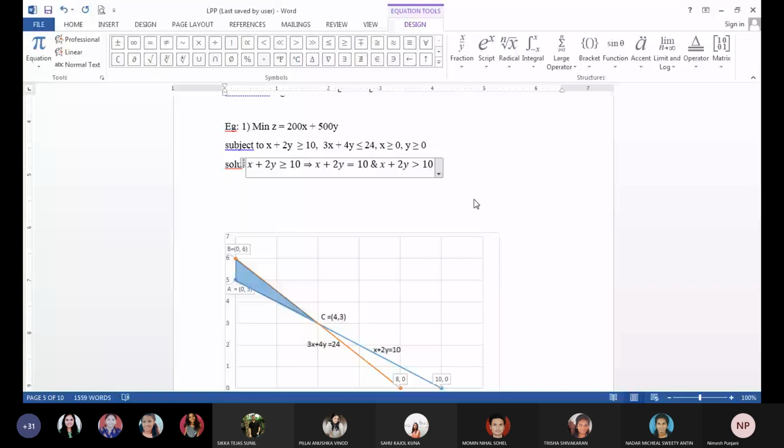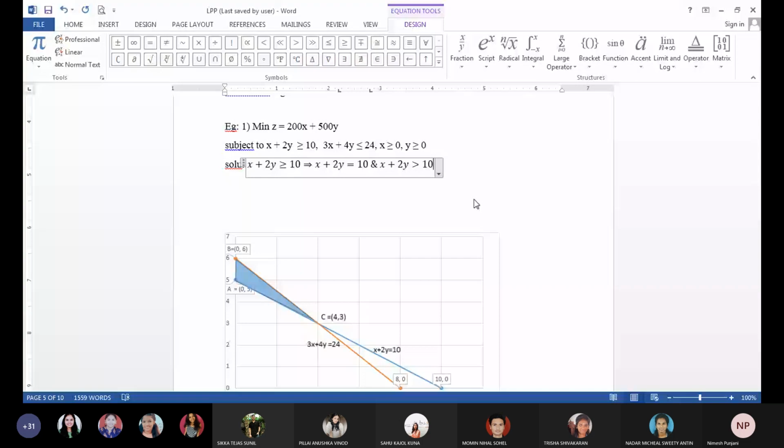Now to draw the straight line, yesterday we discussed we want at least 2 points. So how do we get the 2 points? We go with the simple technique: you take x as 0 तो y का वैल्यू मिलेगा, you take y as 0 तो x का वैल्यू मिलेगा.